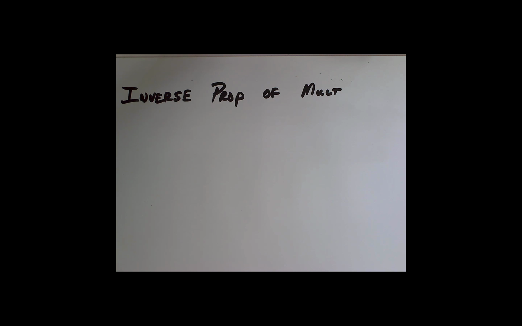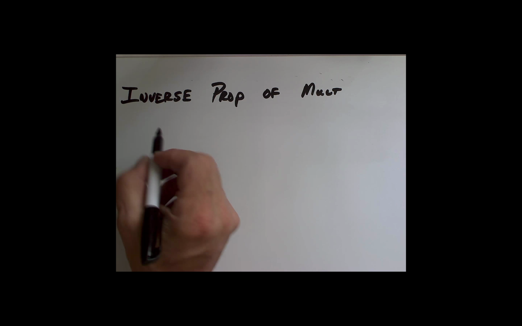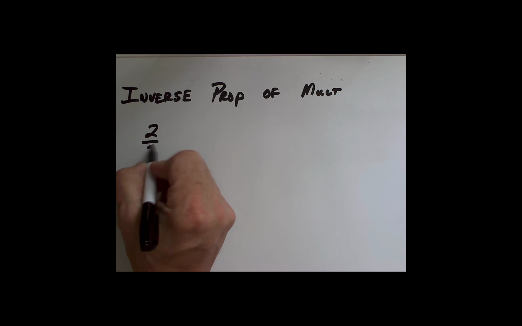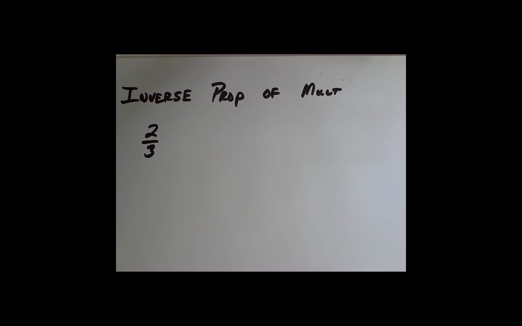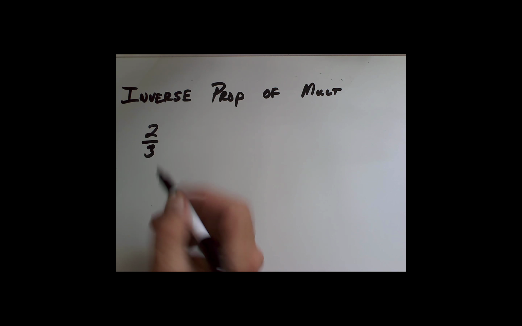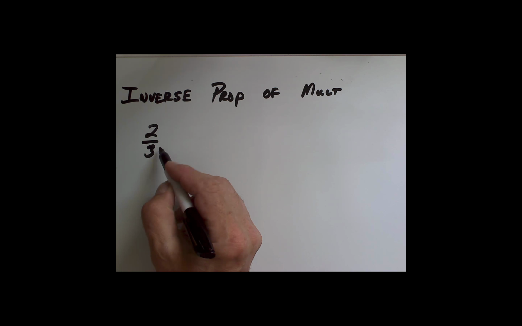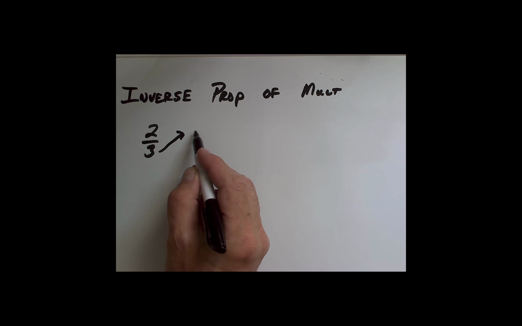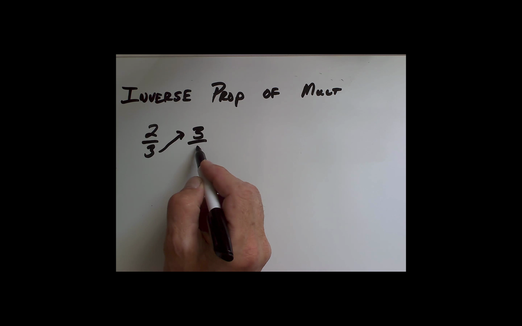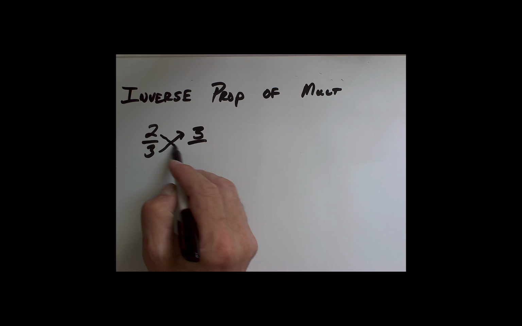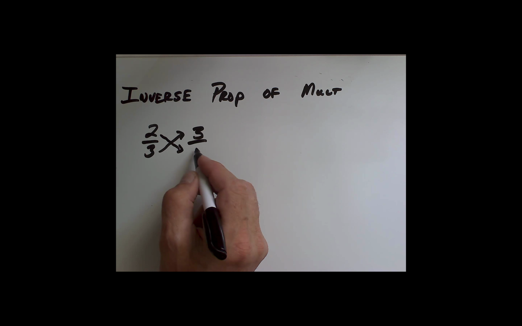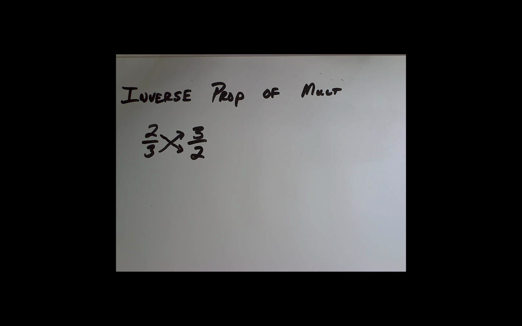First, let's take a look at the inverse property of multiplication. Let's say we had a fraction, 2/3. To find the inverse of this fraction, we would take the denominator of the fraction and move it to the numerator of another fraction. And we would take the numerator of this fraction and put it in the denominator of this fraction.